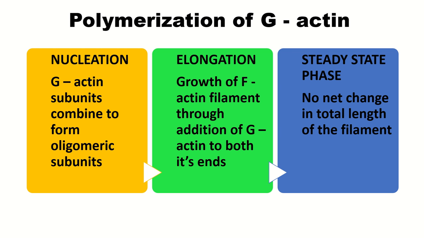The rate of dissociation does not depend on the concentration of free ATP G-actin. Subunits will be added at high free concentration of ATP G-actin, but as the concentration is lowered, a point will be reached at which the rate of addition is balanced by the rate of loss and no net growth occurs at that end. This is called the critical concentration.